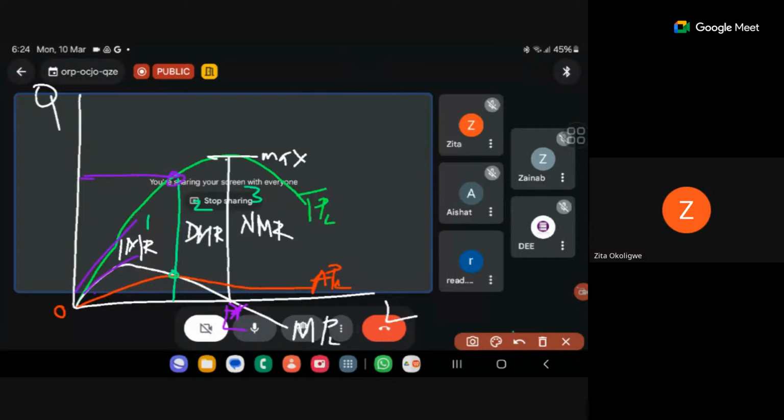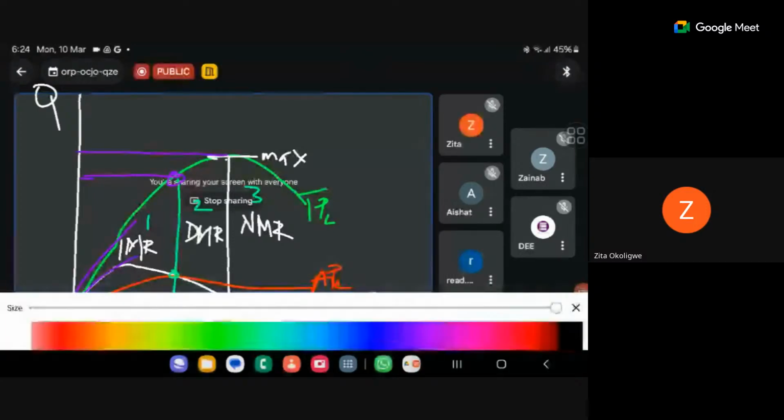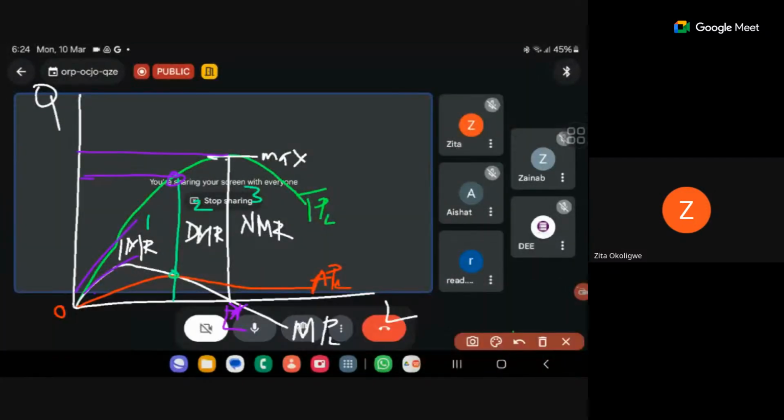But if the firm continues employing workers to the end of stage two, the output it can produce is this. You can see, so stage two is the best place for the firm to produce. So the firm should continue employing more workers up to the end of stage two.